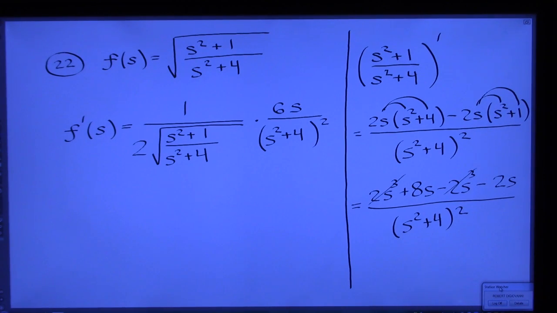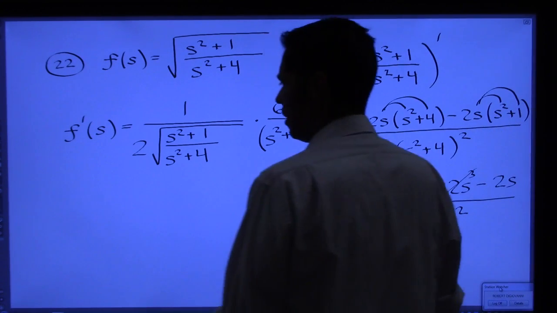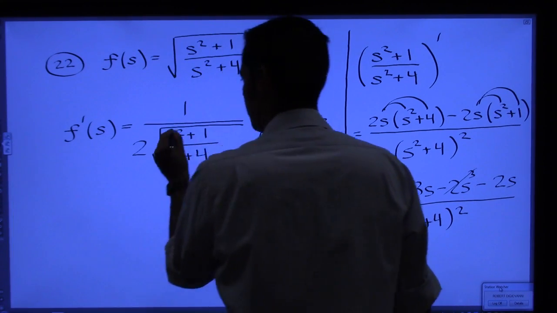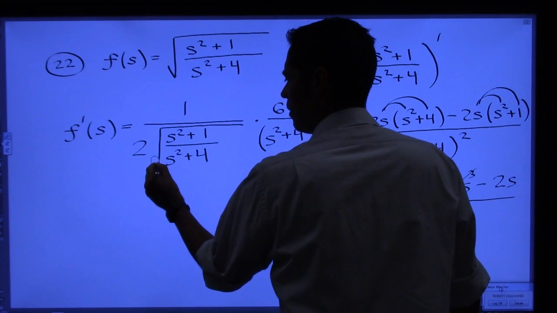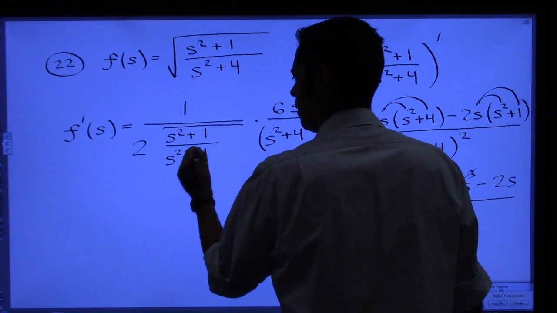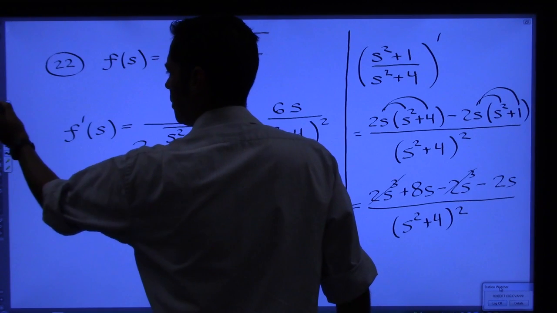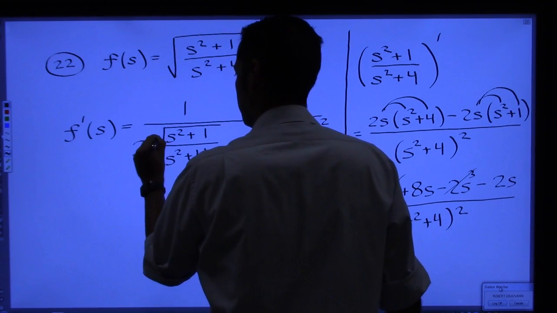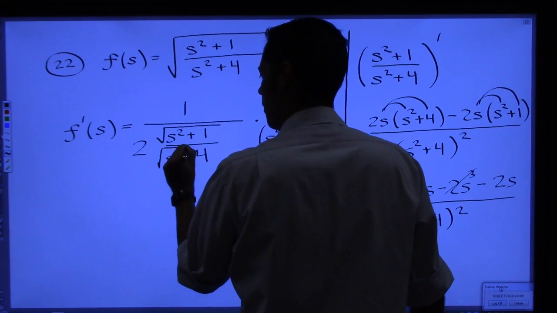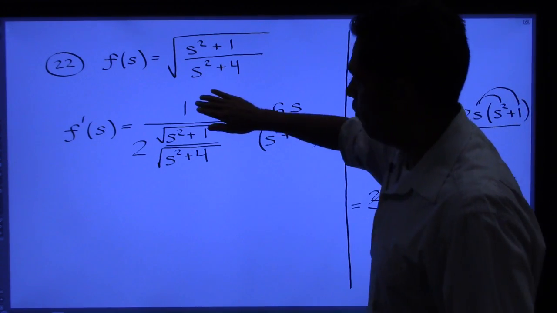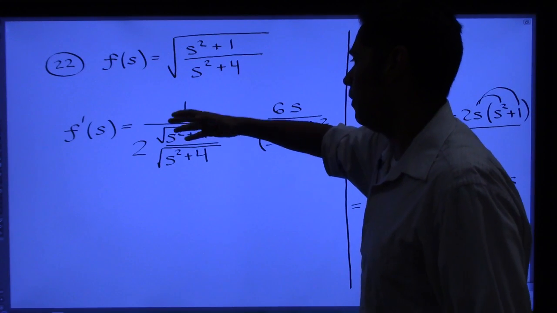So another thing I'm going to do to help you see how to clean this up is I'm going to rewrite this square root right here. If you ever take the square root of a fraction, you can do the square root of the top and bottom separately. So I can make this root here and then another root right there. That's okay. And then if I have 1 over a fraction, the fraction can flip.